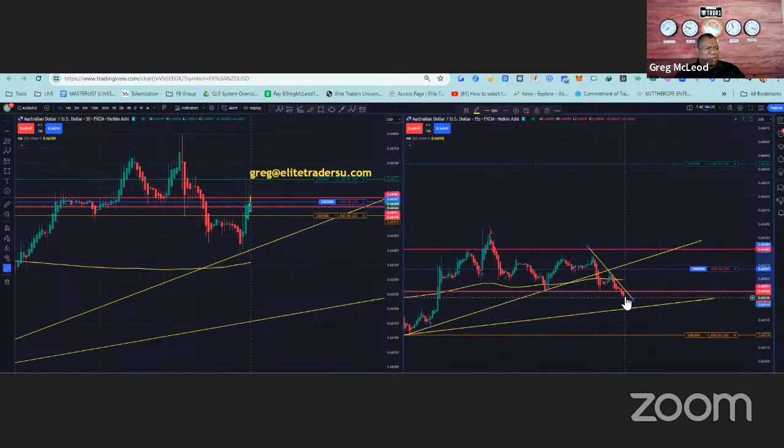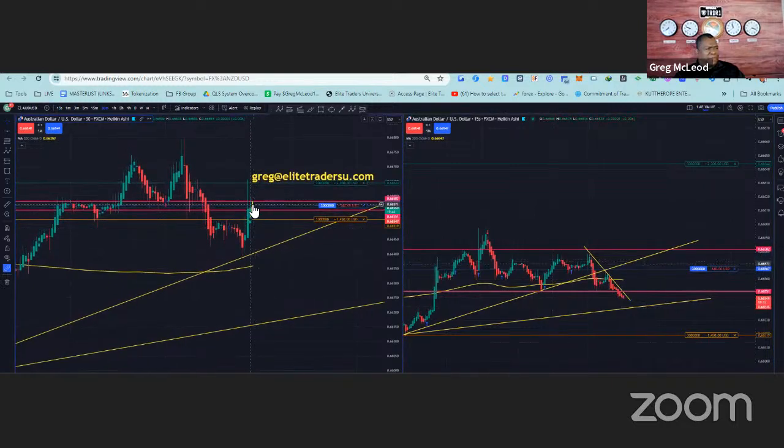It's like they put a little worm on a hook, see if the bears will bite. And the moment they bite, boom, it turns green, it goes the other way, right? And maybe I made 2 pips being short, but I'm really looking at this higher time frame chart.